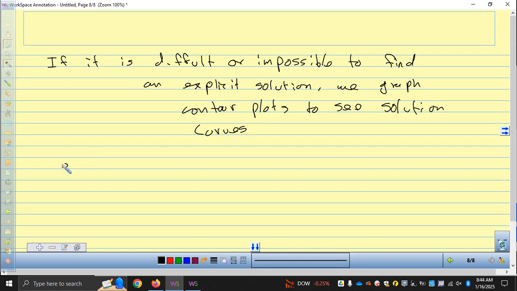So, for example, say we solved a separable differential equation, and we get natural log of y plus y natural log y equals 3 plus sine x. Sorry, I'll do sine x plus 3. That would be, I would say, impossible to solve for y explicitly in terms of x.